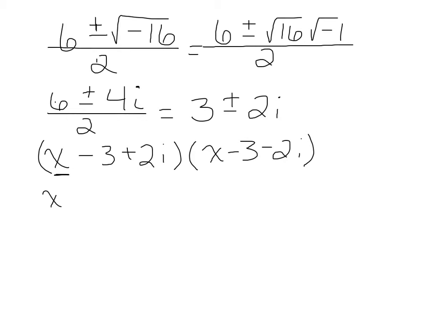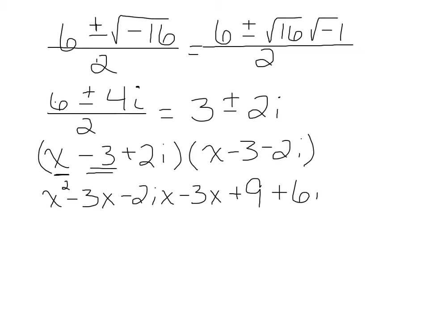I will multiply everything in the second factor by x. I will get x squared minus 3x minus 2ix. And then I will multiply everything in the second factor by a negative 3, so I would get negative 3x, positive 9, and positive 6i.